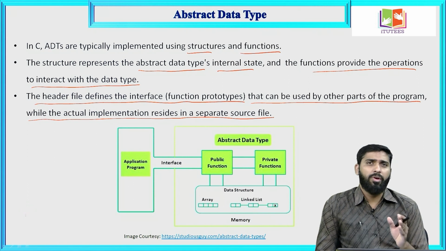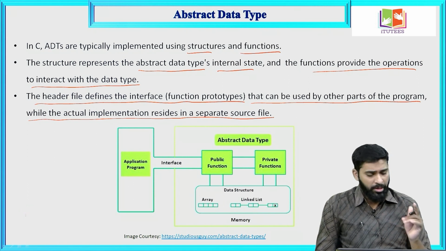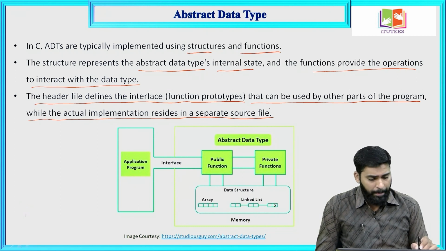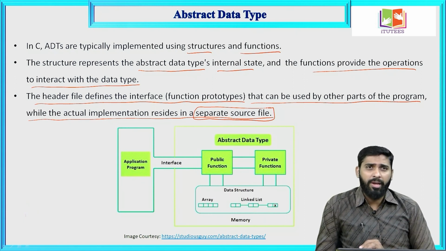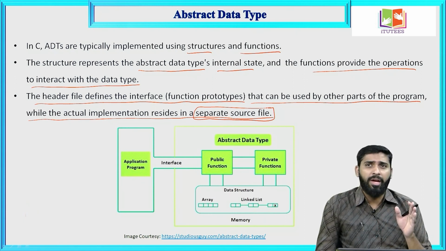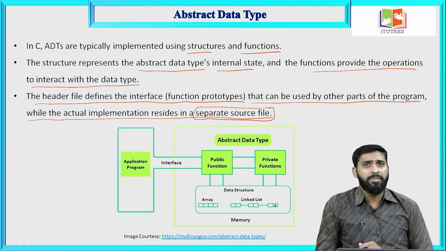These functions we call operations. The implementation of these operations we store in one separate source file. This separate source file can be accessed with the help of one interface. By using this interface, the application program will access or use this abstract data type.